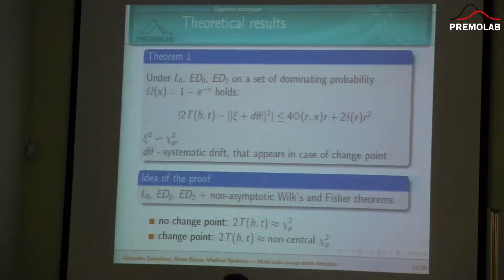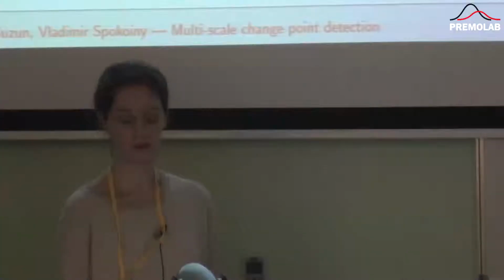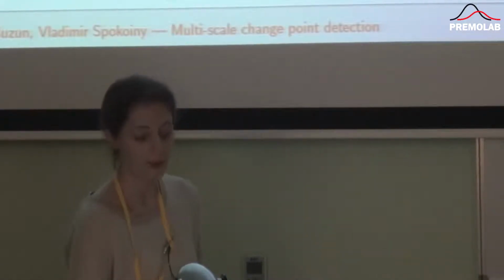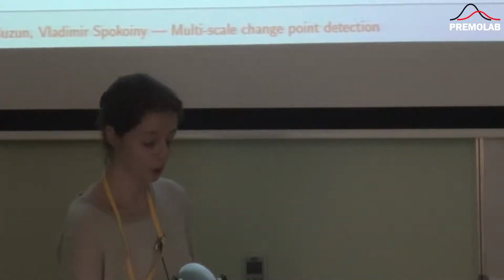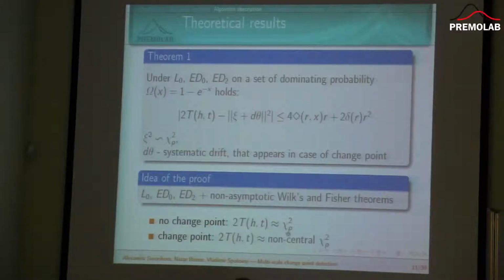First, we use the likelihood ratio test because it has a very nice statistical property. Under some assumptions on the smoothness of the parametric family, we can show that the likelihood ratio test statistic, even if the model is misspecified, behaves like a chi-squared random value. Moreover, it behaves like an ordinary chi-squared with p degrees of freedom, where p is the dimension of our parametric space, if there is no change point.